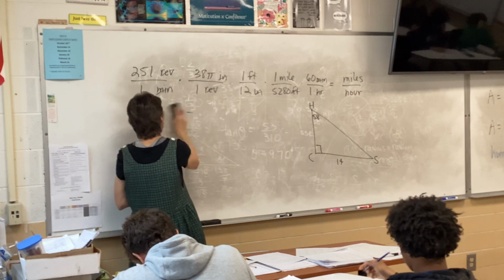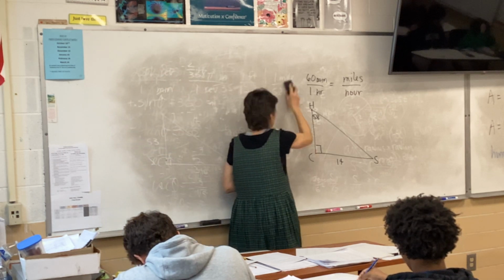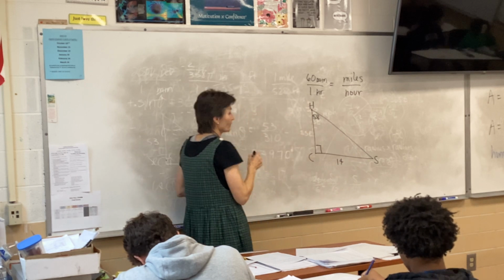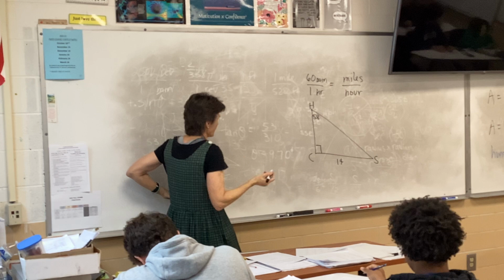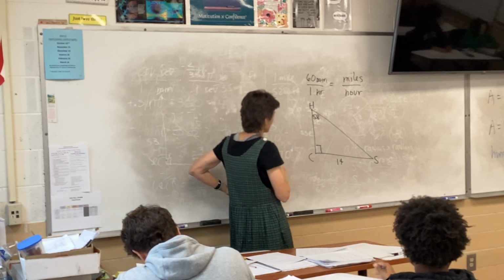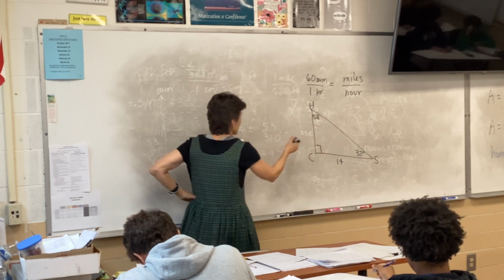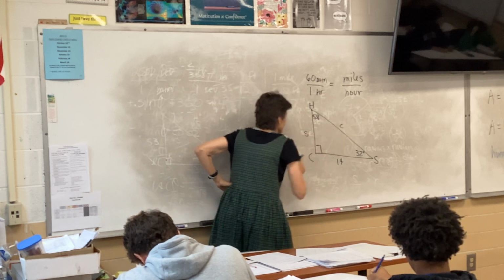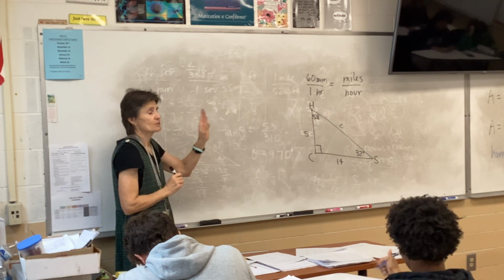Your job is to find everything else. Angle S is a no-brainer. What's angle S? 32 degrees, yeah, we got that. Then I need side S and side C. There's lots of ways to do it. What's your thought?